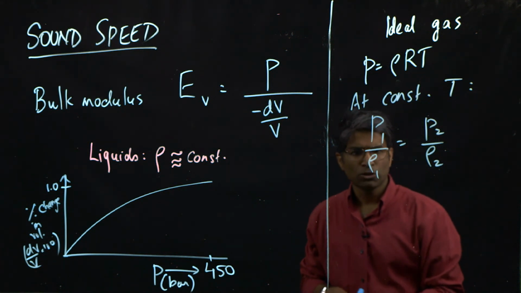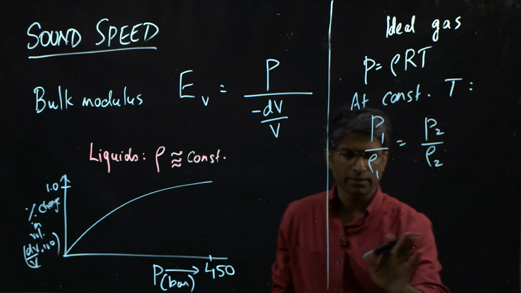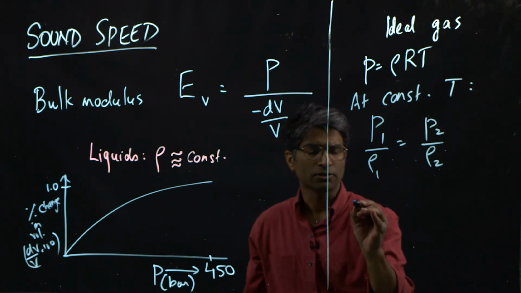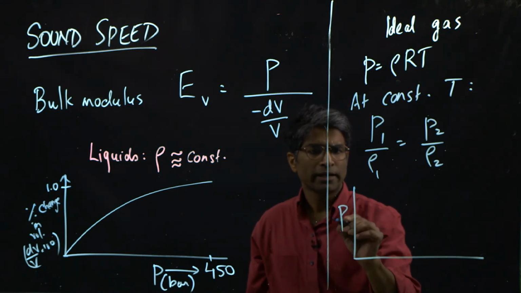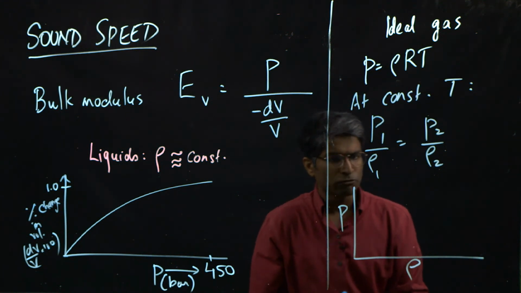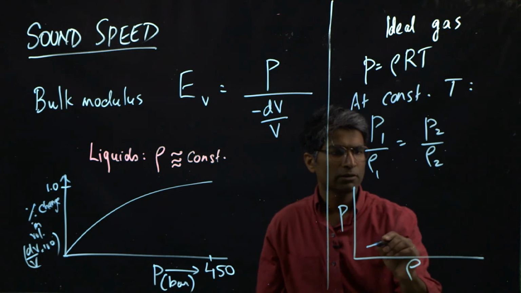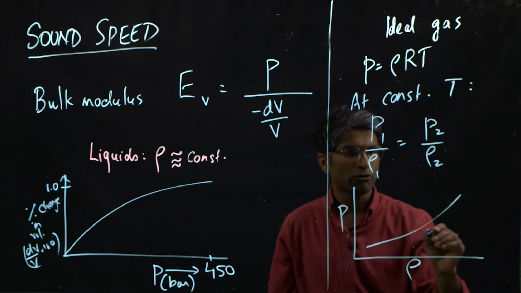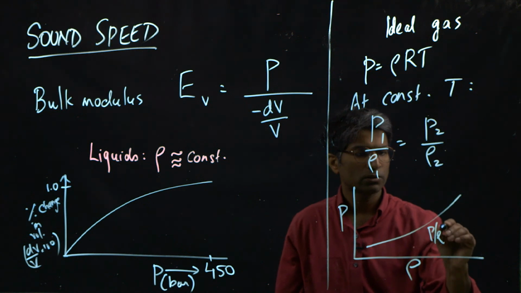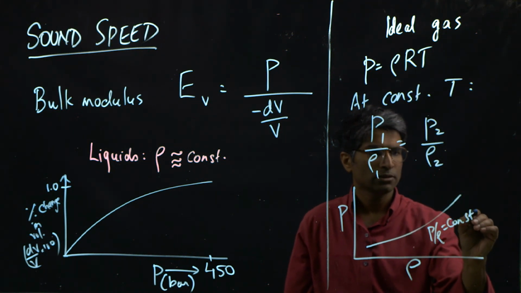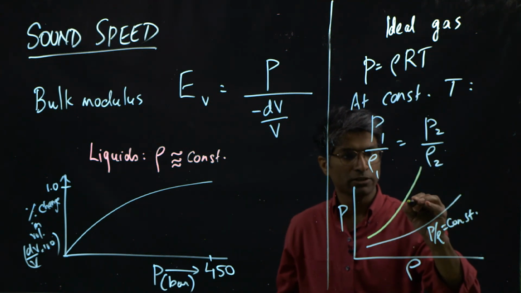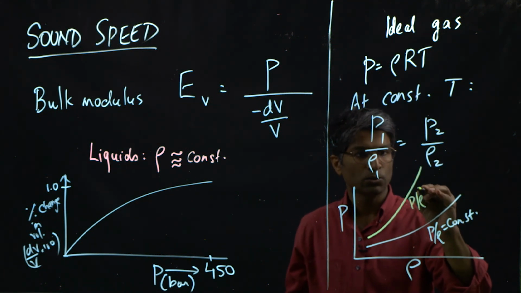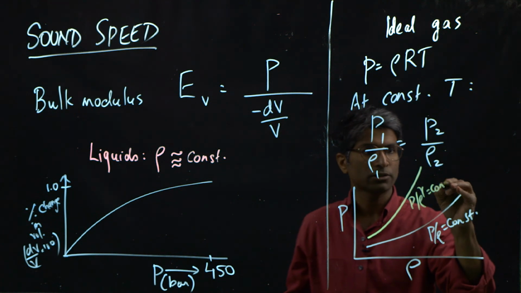And so if I wanted to find the bulk modulus, the compressive modulus, it depends on the path I follow. For an isothermal process, I would have P over rho is a constant, and for an adiabatic process, as you have studied in thermo, P over rho to the gamma is a constant.